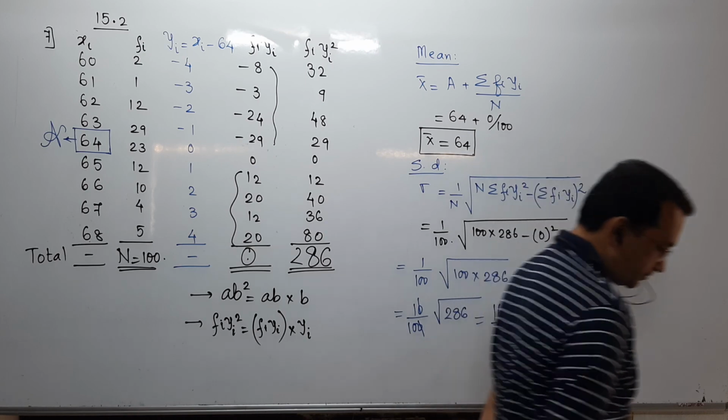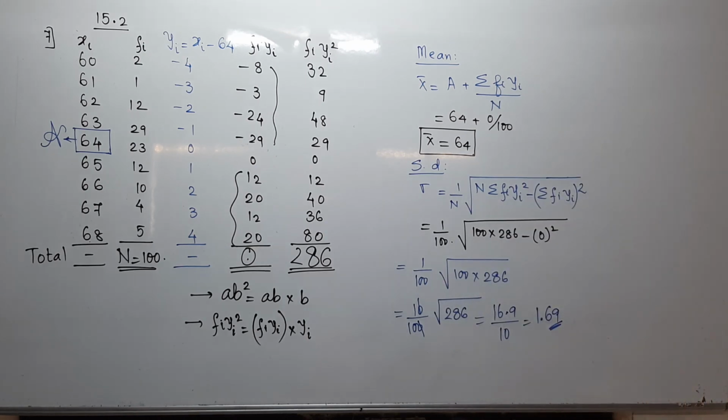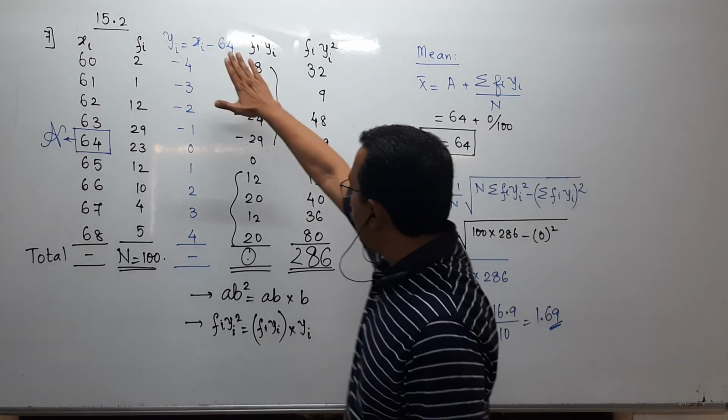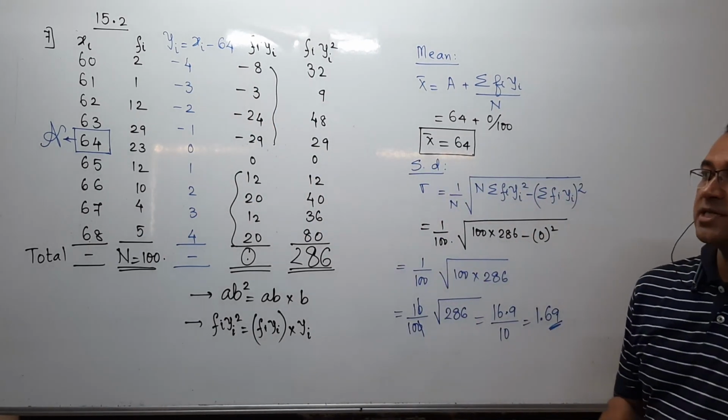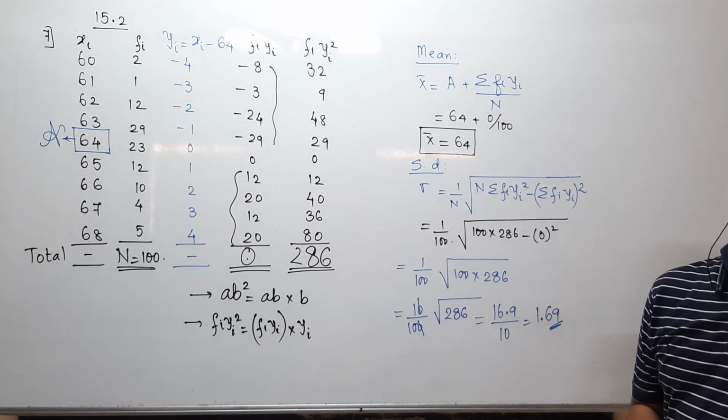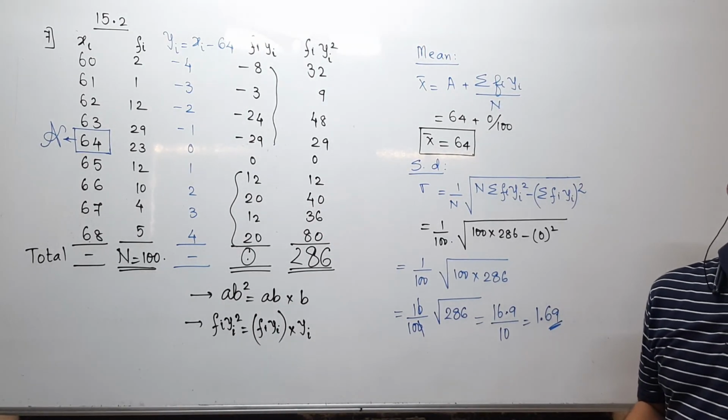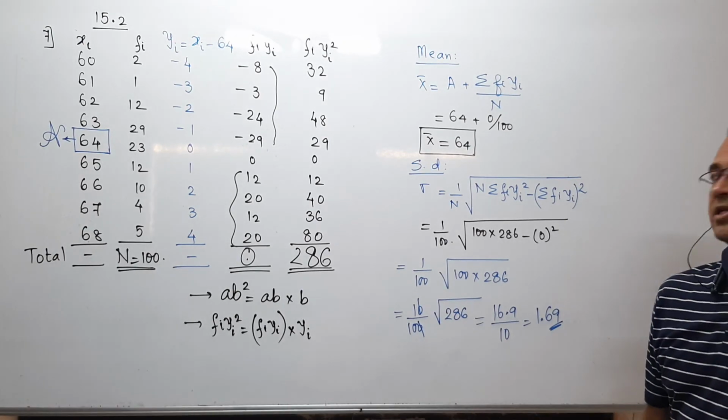I repeat, if there is no suggestion or indication or direction for method, whether it is a discrete series or a continuous series, students, we should always go by the shortcut method. Suppose if I had divided by a common value, then here I will multiply by that common value, which is h. Otherwise, the formula remains the same for discrete and continuous series.